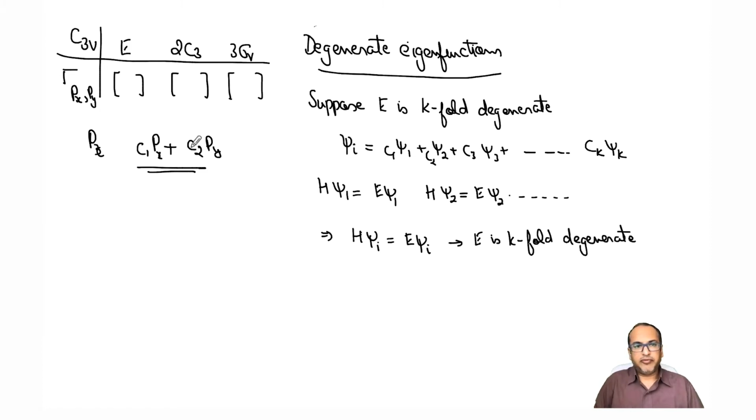Like in this case, we found that our representation is two-fold degenerate, where px and py were giving the same eigenvalues. Similarly, now we are considering a case of k-fold degenerate.